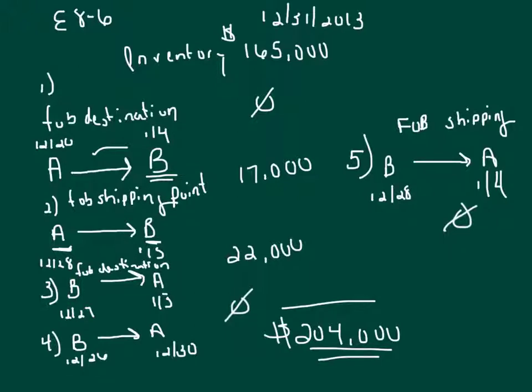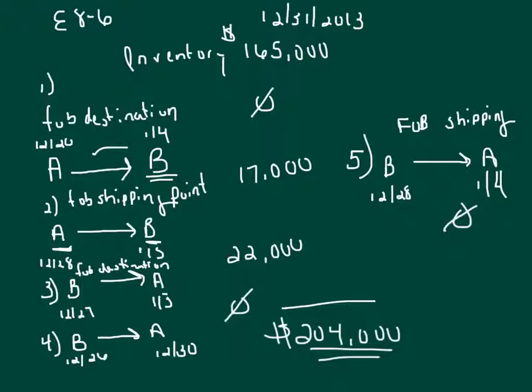Who are you in the problem? Are you shipping the goods? Are you receiving the goods? Because that will make a big difference in how you treat inventory. This is an extremely important concept to understand because any company dealing with receiving goods or shipping goods will be dealing with these FOB destination or shipping point terms, and just about every single company in the world is at least receiving goods in some capacity, even if you're a service company, with your paper supplies and computers, whatever the case may be.